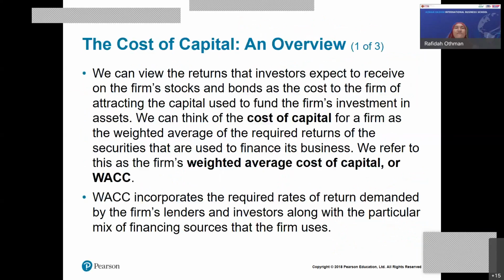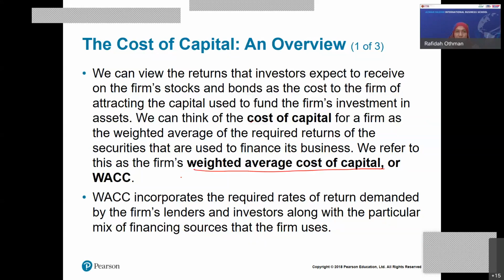We can view the return that investors expect to receive on the firm's stock and bonds as the cost to the firm of attracting the capital used to fund its investments. We can think of the cost of capital for a firm as a weighted average of the required returns of the securities used to finance the business. We refer to this as the weighted average cost of capital.